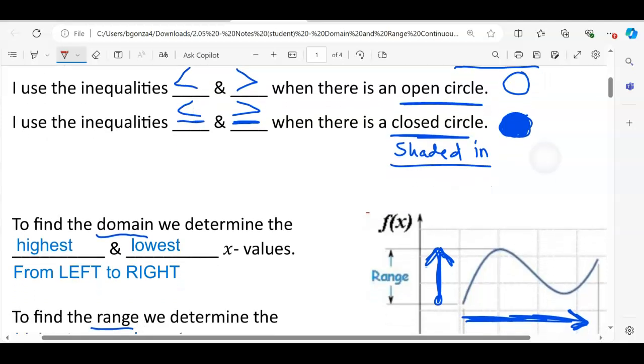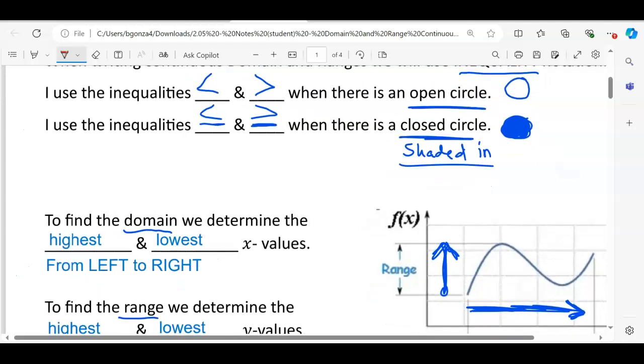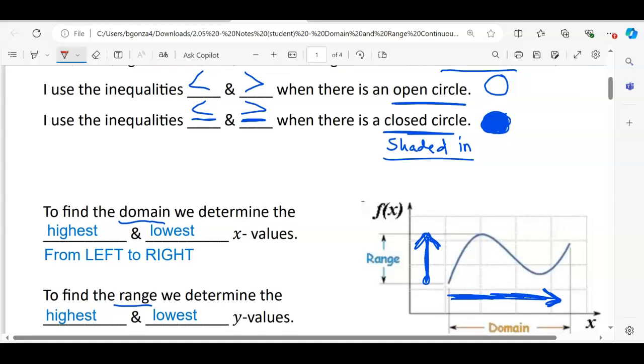So on the next piece, go ahead and write this down. Domain is the highest and lowest x values from left to right. Very important. From left to right. Start here, go here.